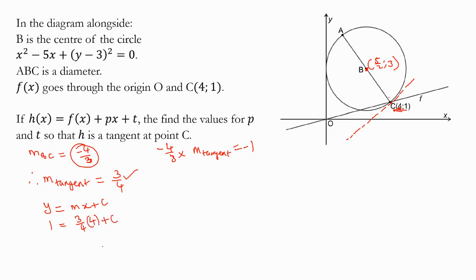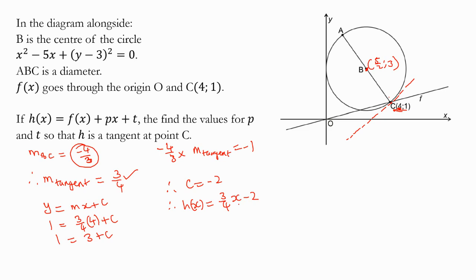Then plus c. So we have 1 is equal to 3 plus c. Therefore, c is equal to negative 2. Therefore, h of x is equal to 3 over 4 x minus 2.